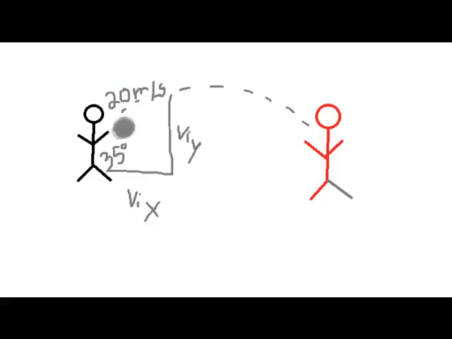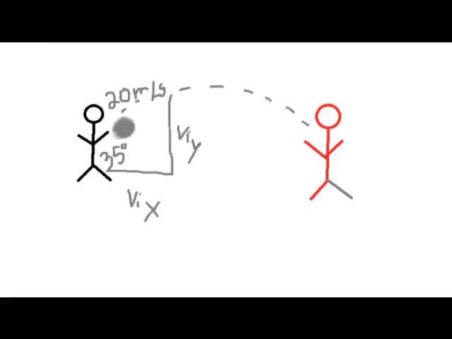The second type of problem we're going to do is, Sarah throws a rock at Fred with an initial velocity of 20 meters per second at 35 degrees. What distance should Fred stand so Sarah can hit him?